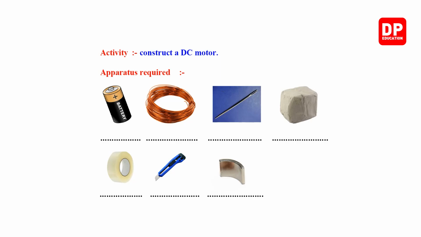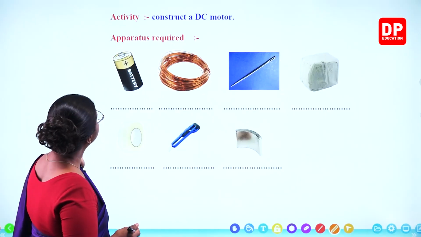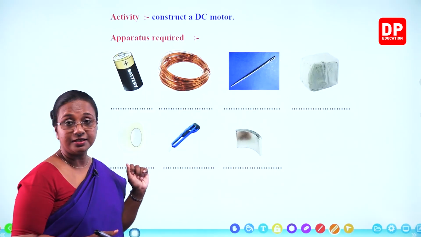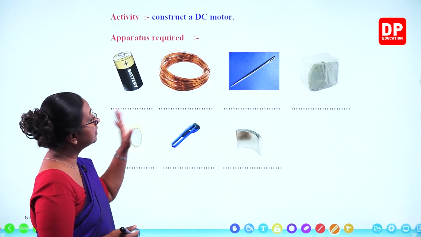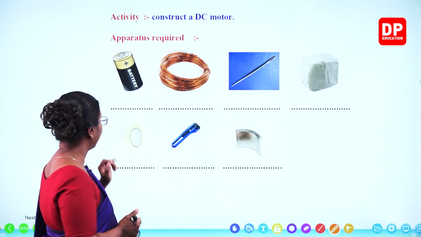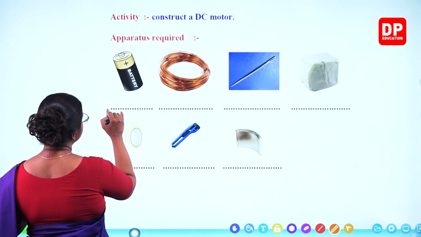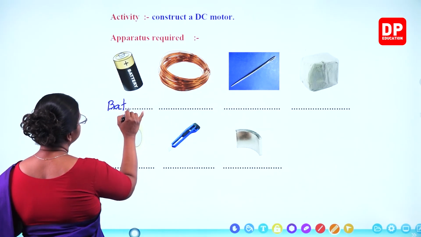So to understand the function of a direct current motor, we will construct a direct current motor. So this is an activity, construct a direct current motor. To do that, these are the apparatus that are required. So here first you can see we need batteries.